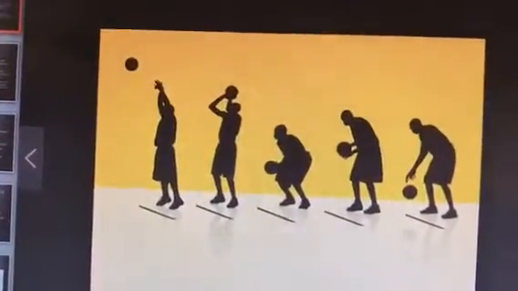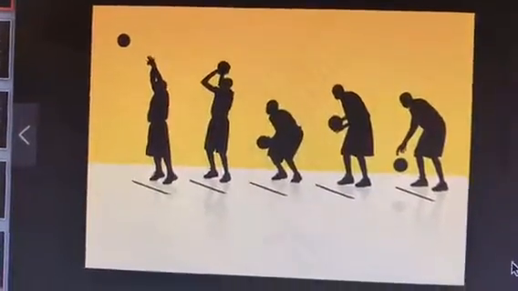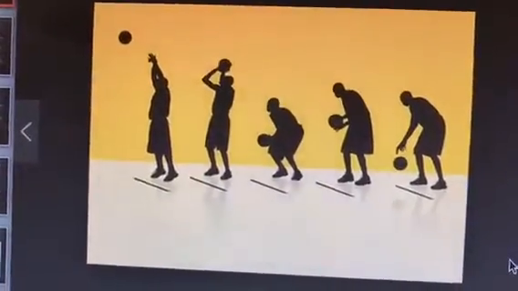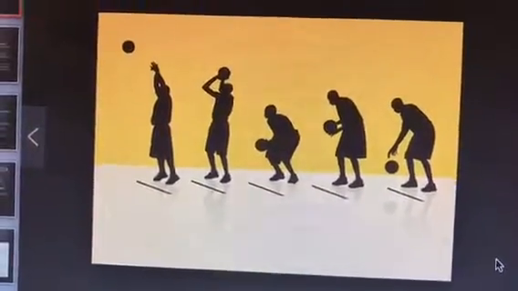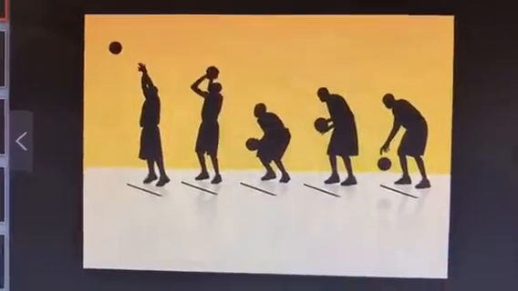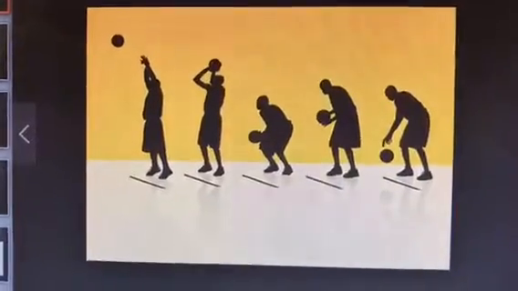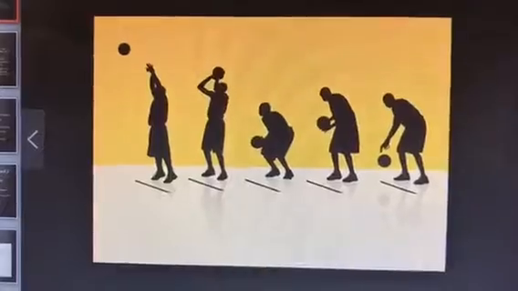Here is the 5-step process on how to shoot a free throw. Before we did our research, we made sure we showed each of our students this picture and described the exact way to shoot a free throw. The acronym we gave our students was BEEF: balance, elbow, eyes, and follow through.